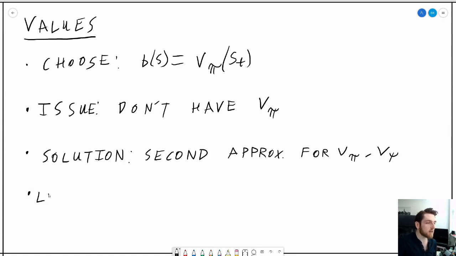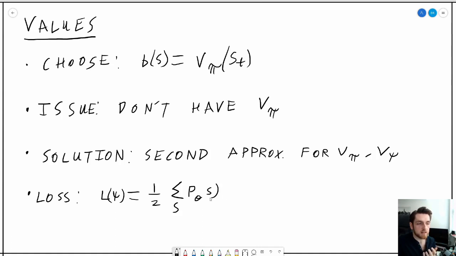And the loss that we're going to choose for this for now is simply the error divided by half, because when we do the derivative, okay, so this is going to be the sum over the states with the probability of being in each of those states under the current policy.